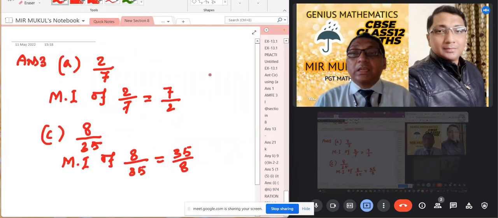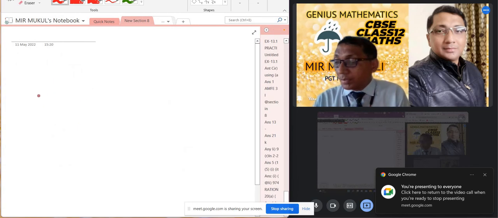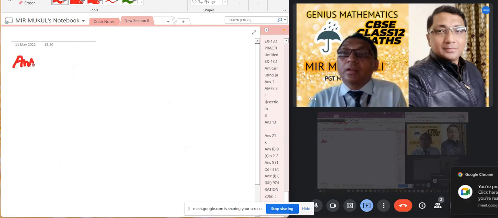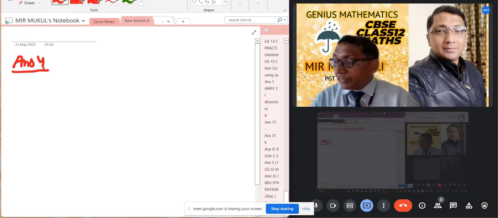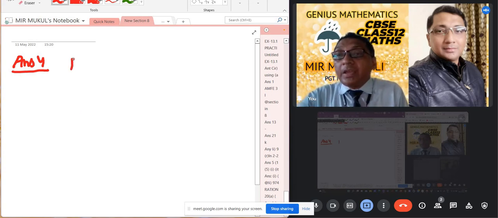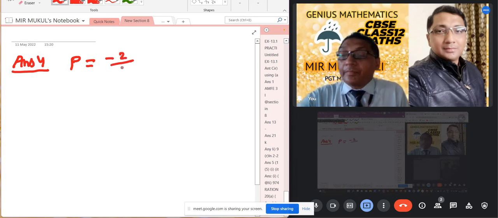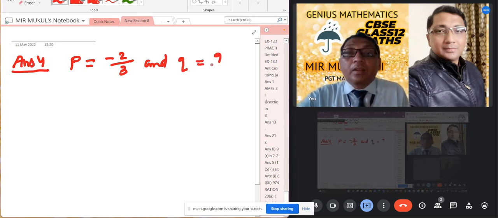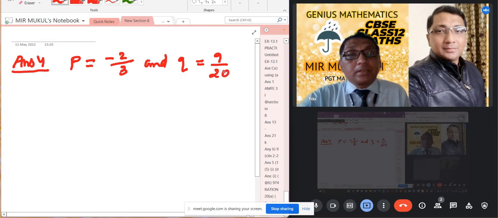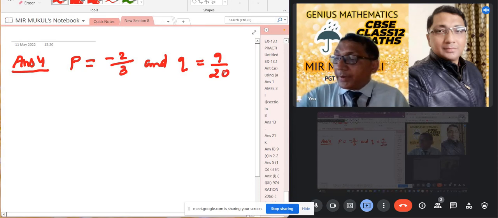Okay, so now next question is question number 4. Answer 4, right? In question number 4, if P equals minus 2 by 3 and Q equals 9 by 20, it is given, then verify the following property.